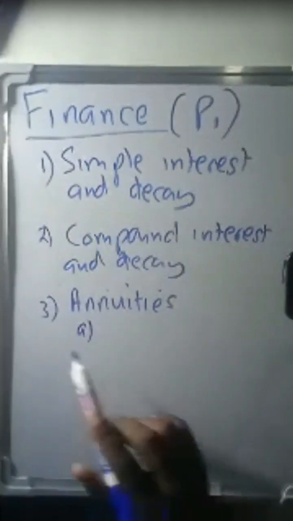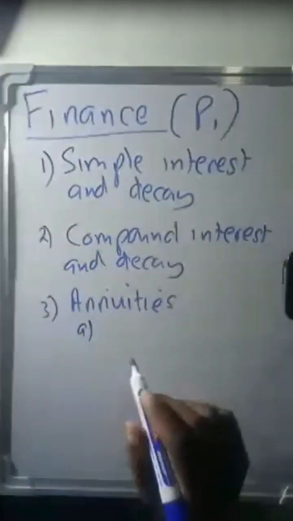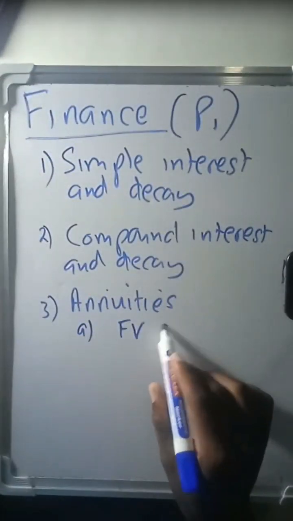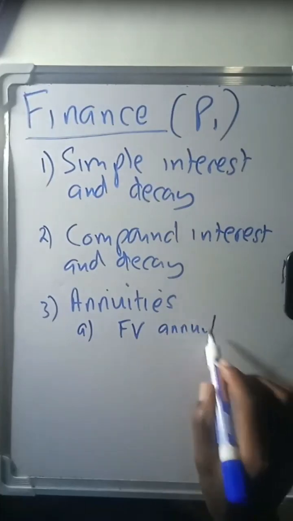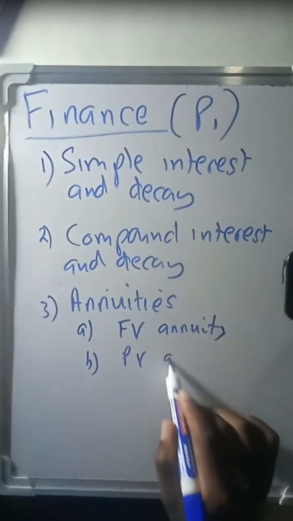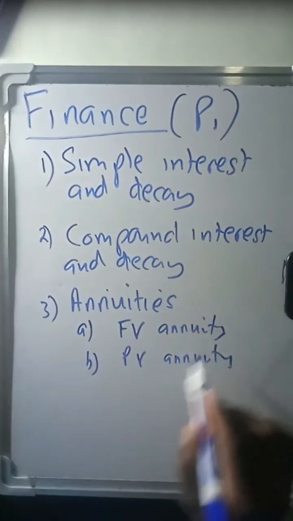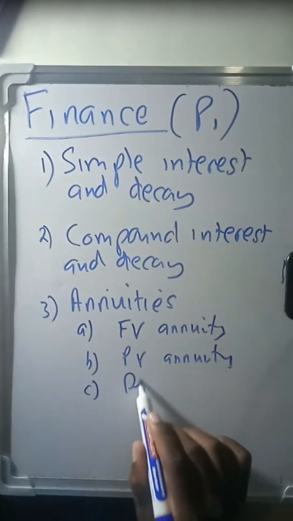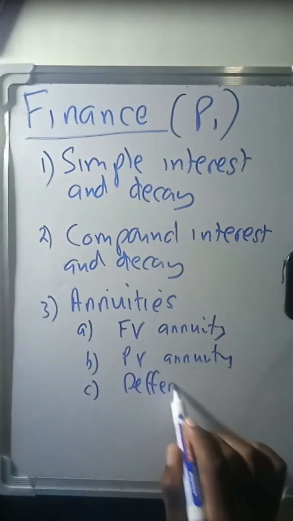Then grade 12 comes with annuities, and annuities are divided into A, future value annuity, number B, present value annuity. Then number C, we have deferred payments.